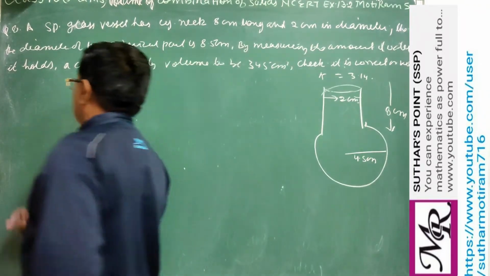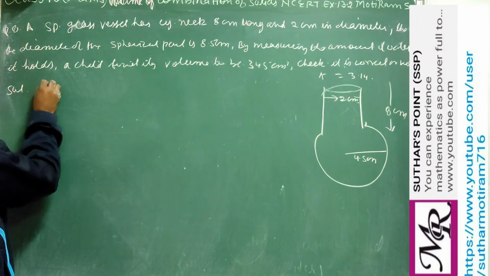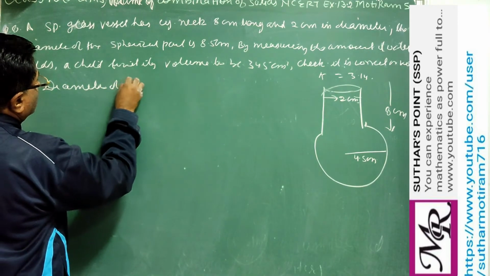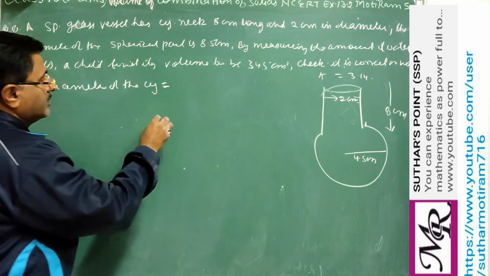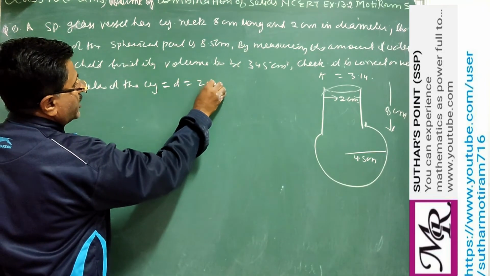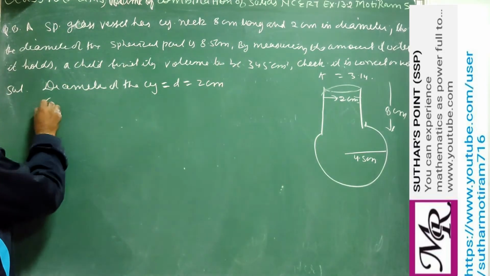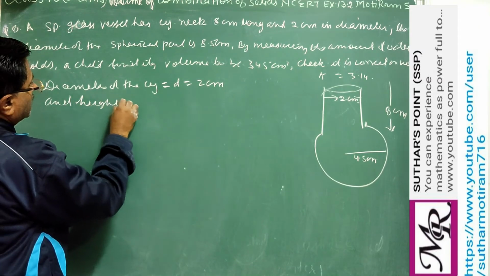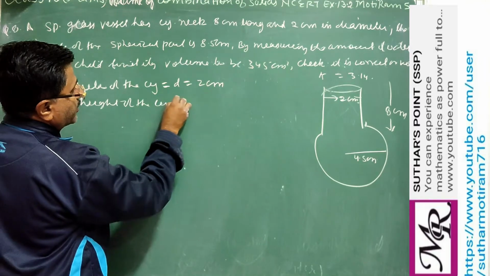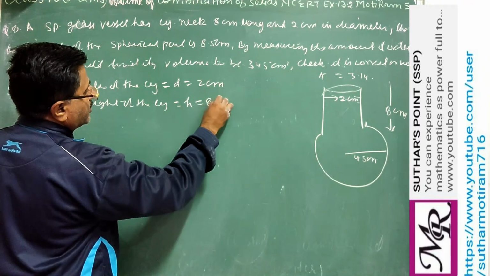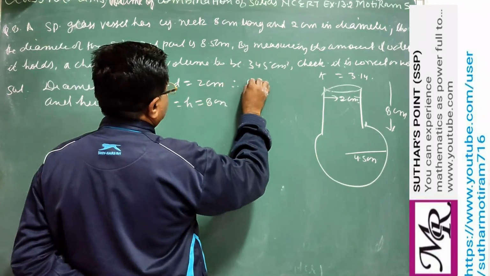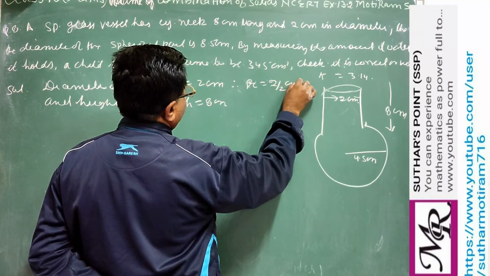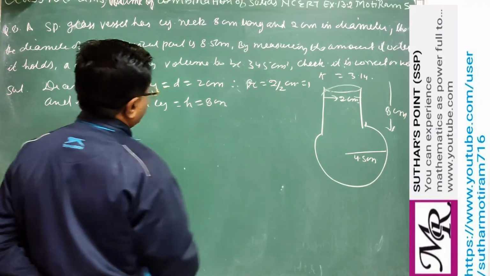For the cylinder we are given in the solution the diameter of the cylinder, D equal to 2 centimeter, and the height of the cylinder, H equal to 8 centimeter. Therefore you can say the radius is 2 by 2, that is 1 centimeter, and the height is already given.